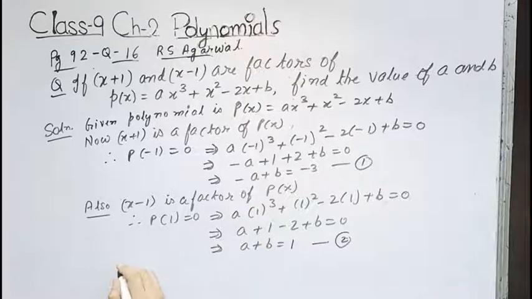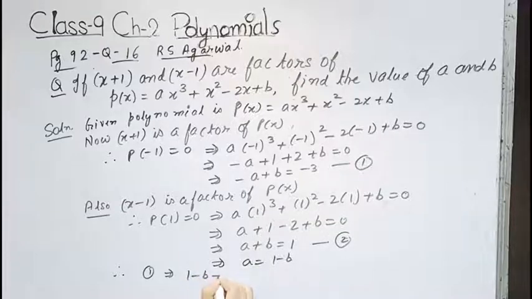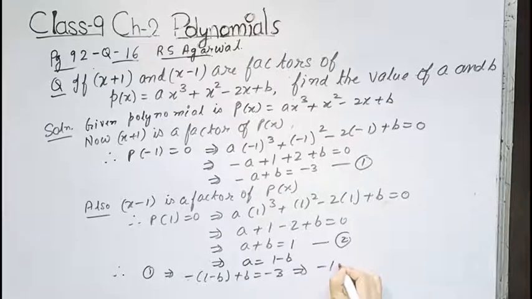So let us take the value of a from equation 2 and substitute in 1. So this implies a equals 1 minus b. Therefore equation 1 implies minus of 1 minus b plus b equals minus 3. This implies minus 1 plus b plus b, that is minus 1 plus 2b equals minus 3.